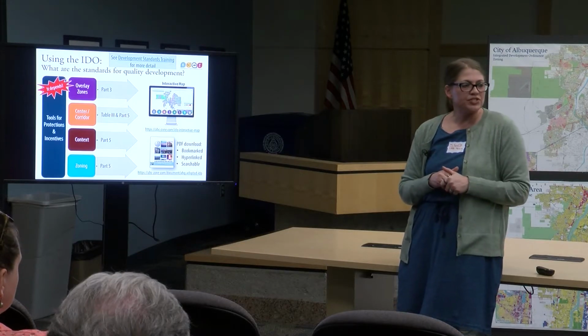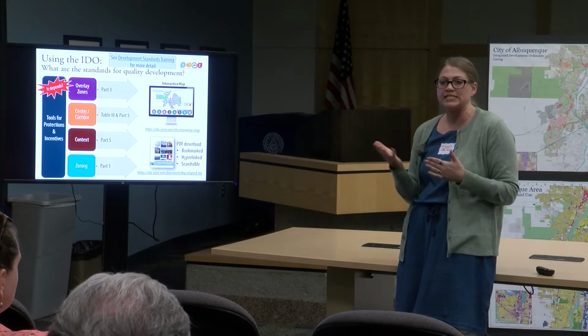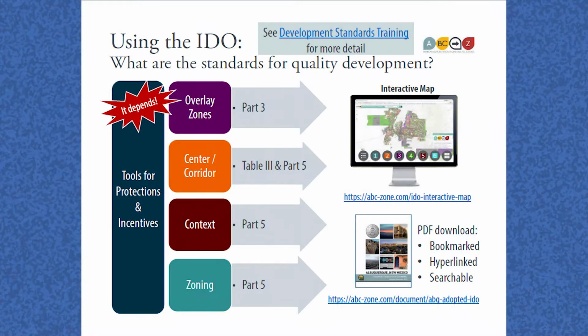Another factor that changes your development standards is whether that property is in a center or corridor. These are places mapped in the comprehensive plan, which is the policy document that the city has, that says here are the places where growth and development is most appropriate.